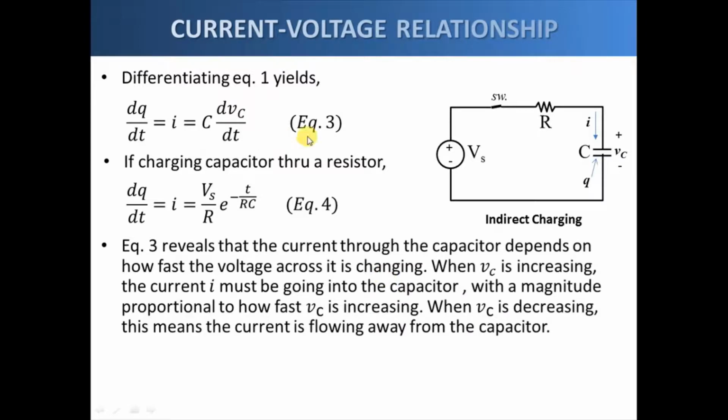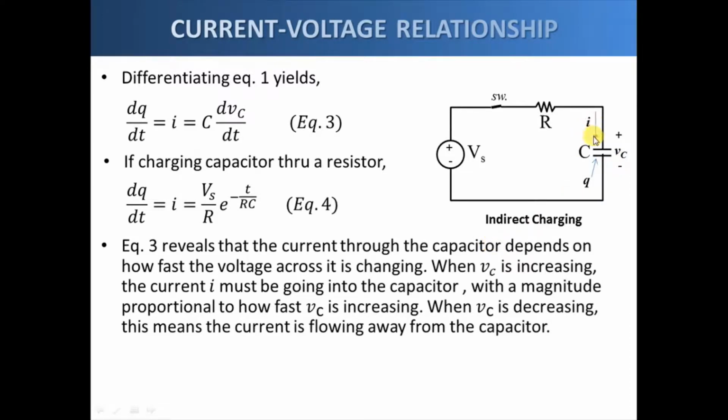Now this equation number 3 tells us several things. First, that the current through the capacitor depends on how fast the voltage is changing. So the higher the change of the voltage, the higher the current. Now when V sub C is increasing, the current is actually directed towards the capacitor.